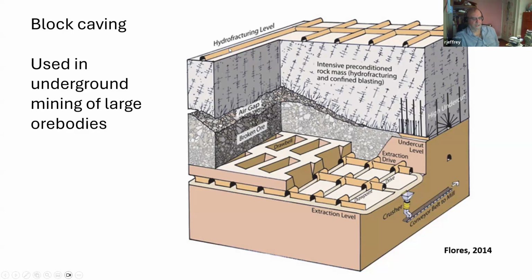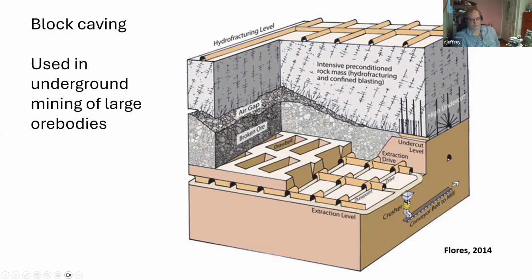And typically a lift here might be 400 or 500 meters high, with the requirement being that you develop a system of tunnels underground before you start caving. So you drive a transport level or a conveyor level.